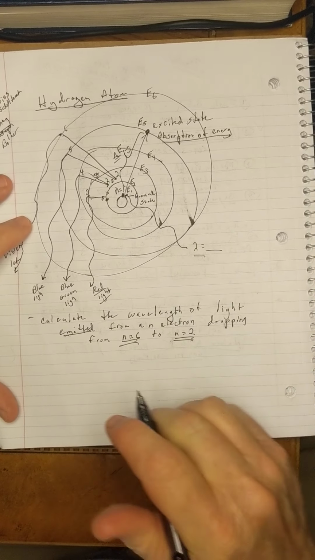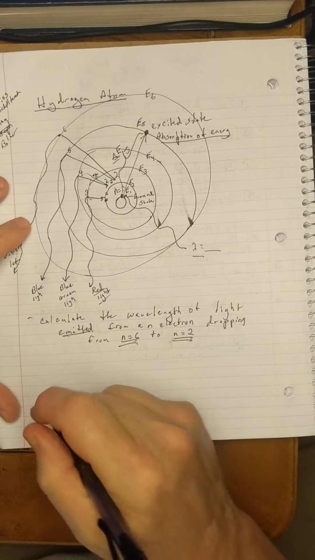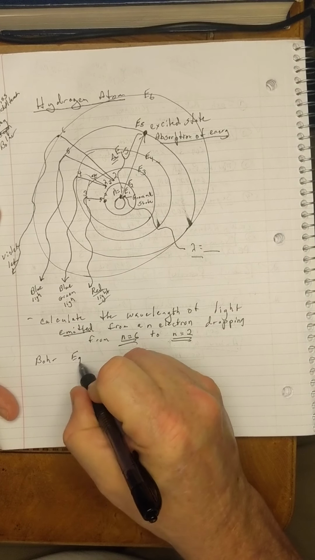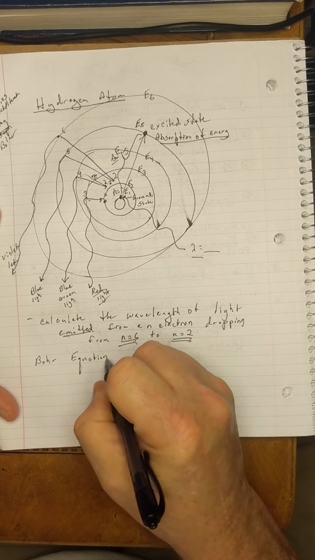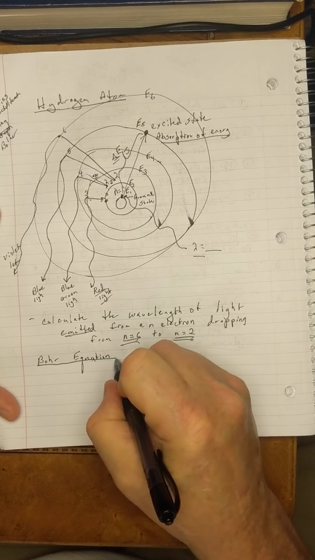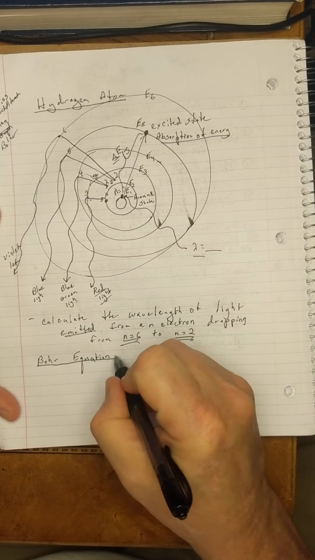Now, the first equation, and you're going to be given several equations, is called the Bohr equation. I always kind of learned that Balmer also came up with this equation. And that's calculating the energy at any level. And this only works for hydrogen.